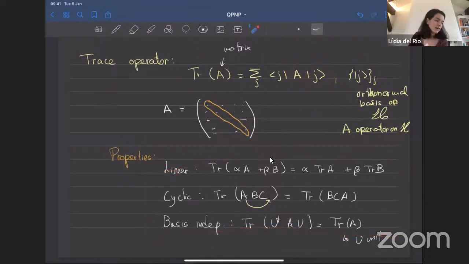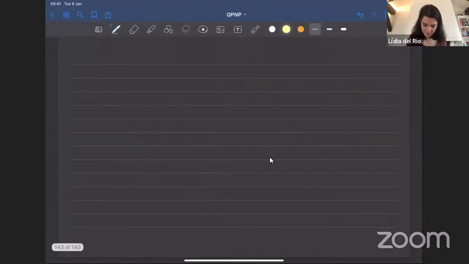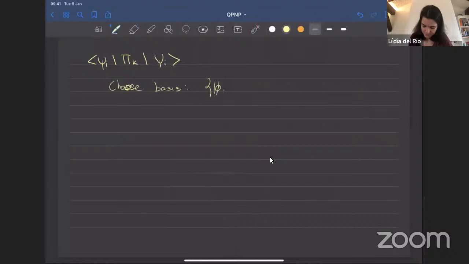We need this because now we're going to rewrite this thing as a trace, since it will be useful later. So what we do is choose a basis, let's say phi 0, phi 1, phi 2. The discrete case is exactly the same.